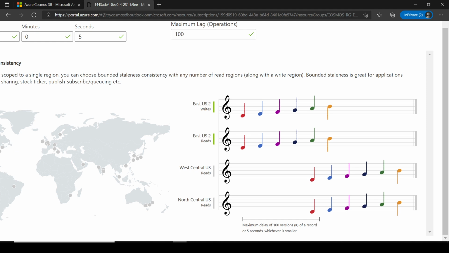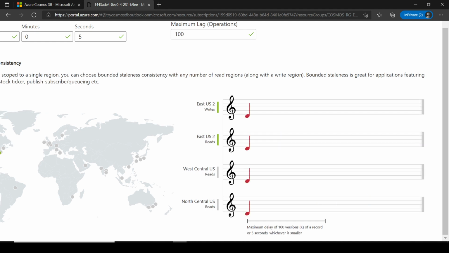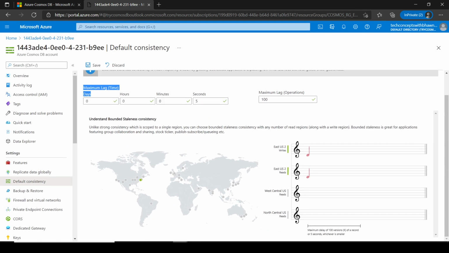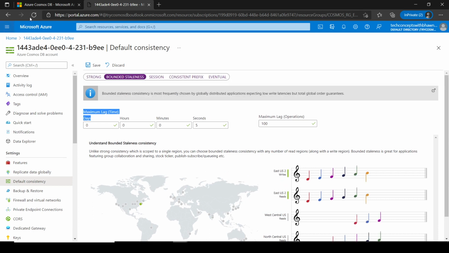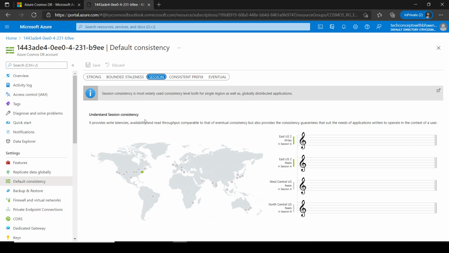But when you talk about other region reads, if a person is reading from some other region, they will have a lag, a delay. This delay, however, will be just in milliseconds, and you have to define at the top what the delay would be. So this is called bounded staleness.